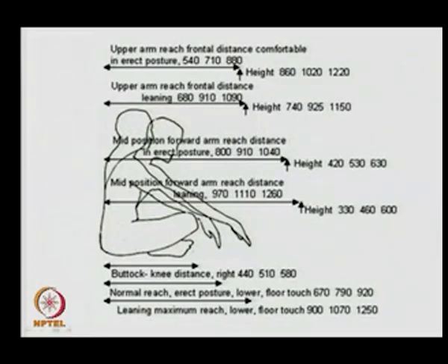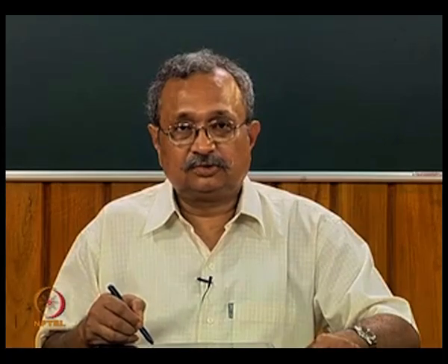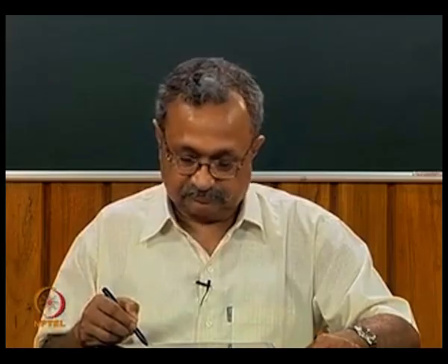This is the depth, like upper arm reach, frontal distance, etc. in erect posture, height, length, etc. Some dimensions are provided in this slide. So, this slide can be noted to keep as reference.